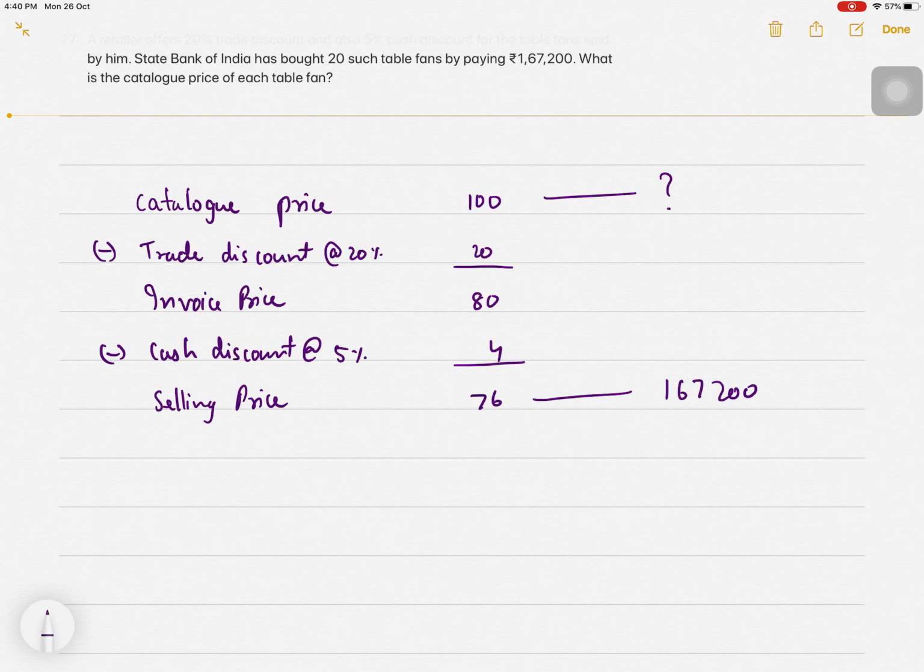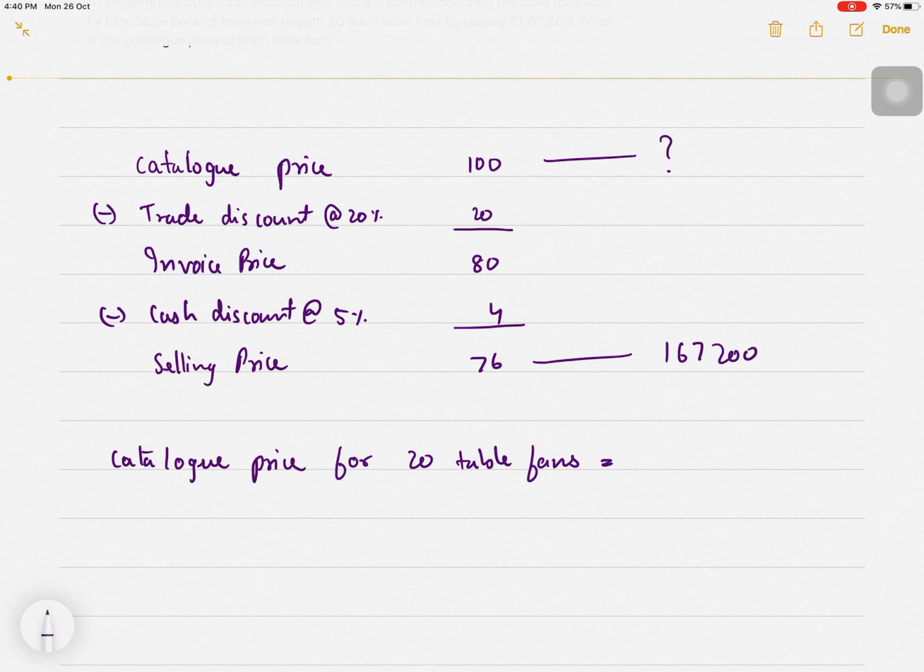Okay, so catalog price for 20 table fans will be 1,67,200 multiplied by 100 divided by 76.